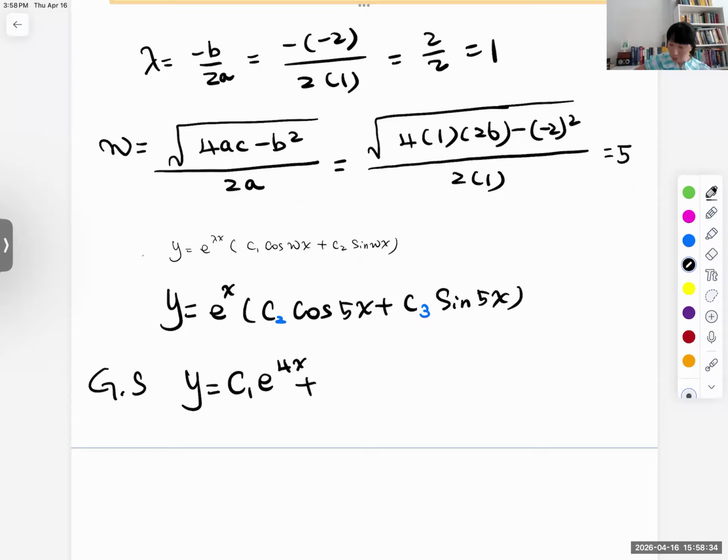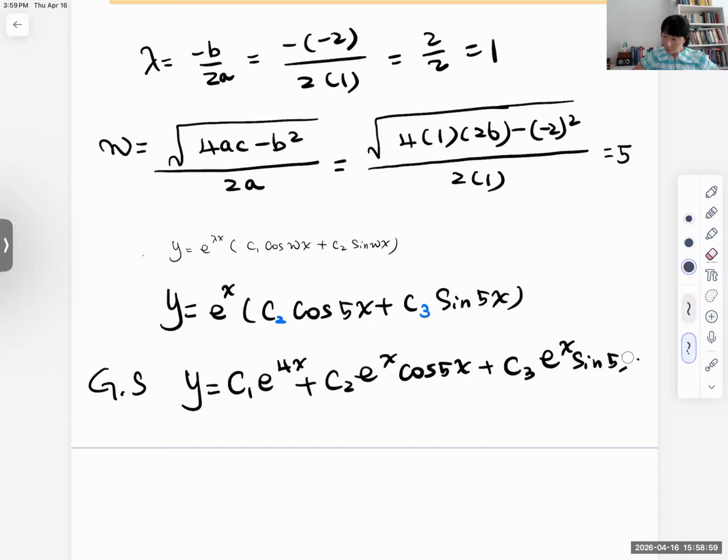And then we distribute. So we have C sub 2 e to the x cosine 5x because we're going to find derivative later, right? That's why I want to distribute, right? So C sub 3 e to the x sine 5x. That is a general solution. Okay? All right, we almost done.